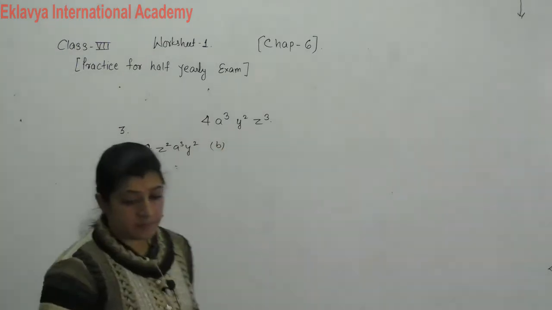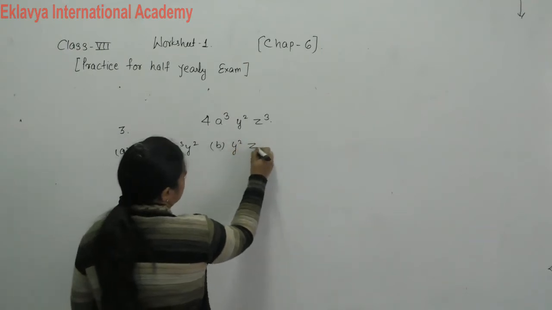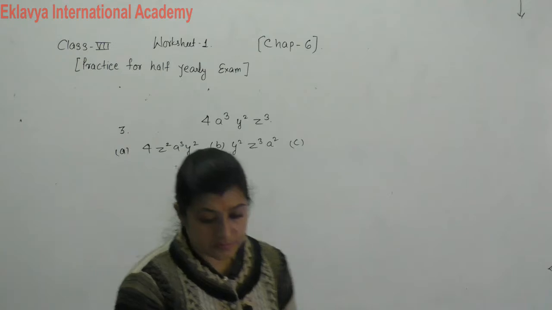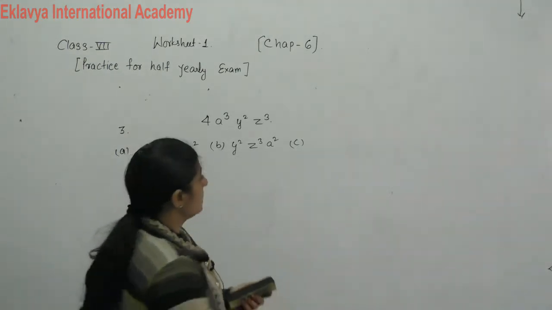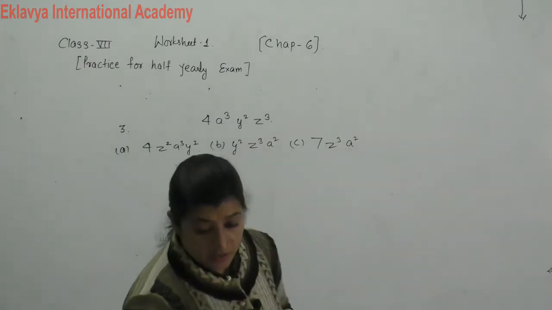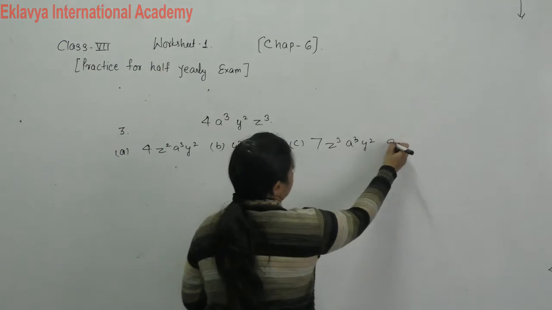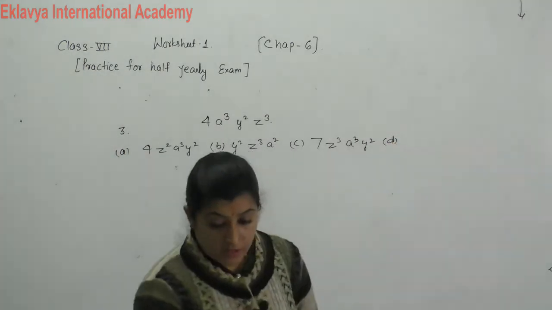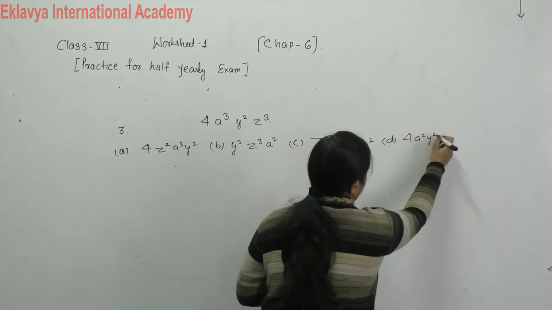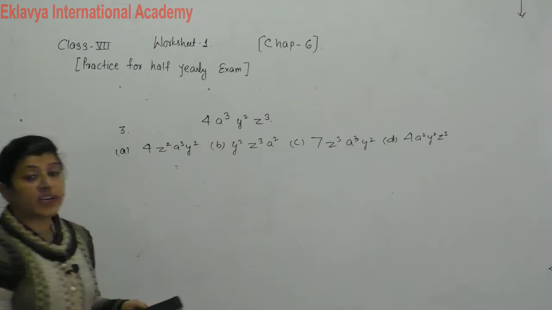Option B, y square, z cube, a square. Option C, 7z cube, a square, sorry, a cube, y square. And option D, 4a square, y square, z cube. We want to find out the like term.